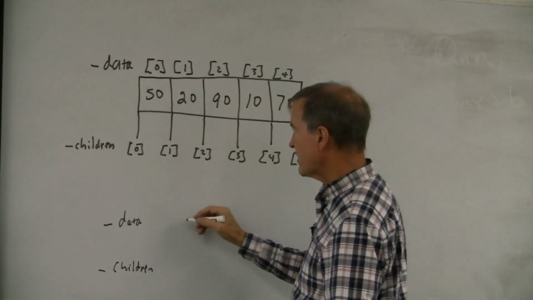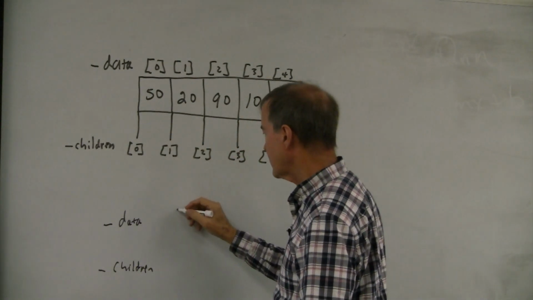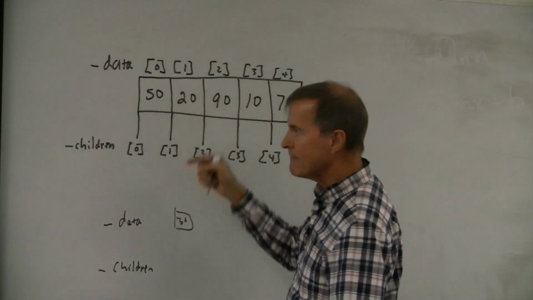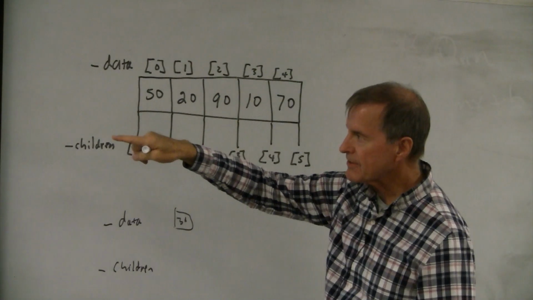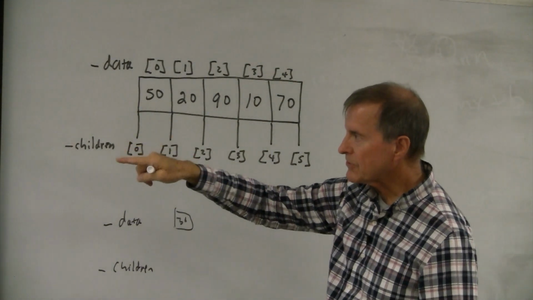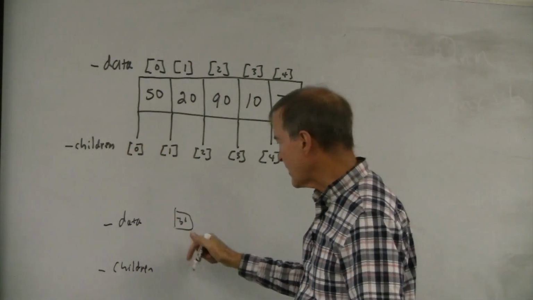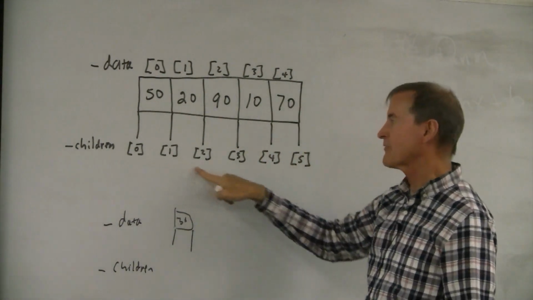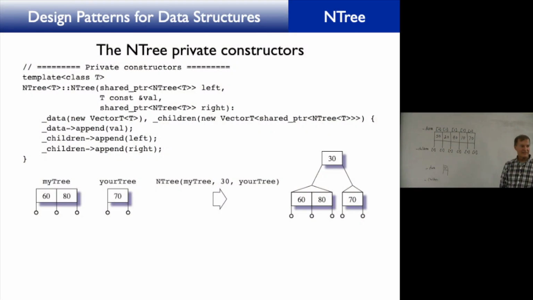So it appends data, and now there's the 30. And then it appends left to children, so that puts this one, and then it appends this one to this one. It's appending because that's a vector. Does everybody see how that works? These are vectors, and so the way this constructor works is by appending.